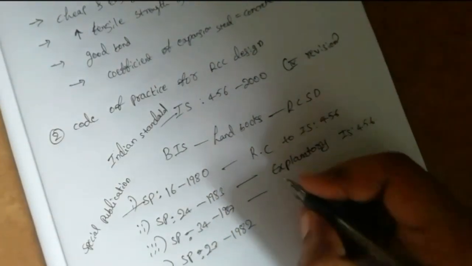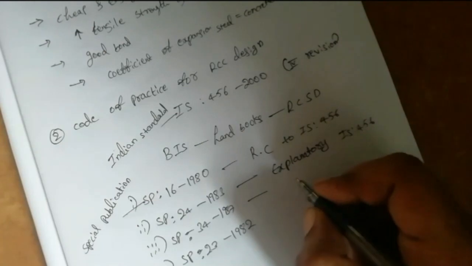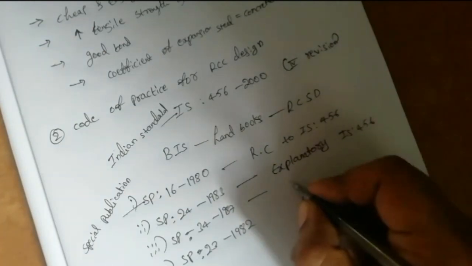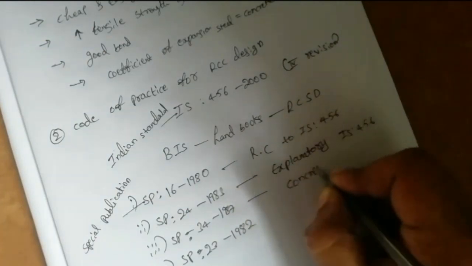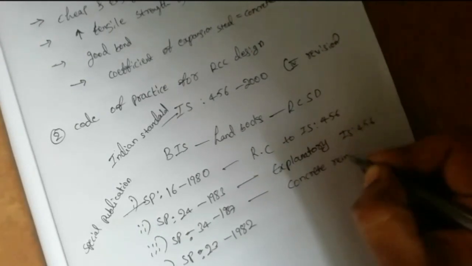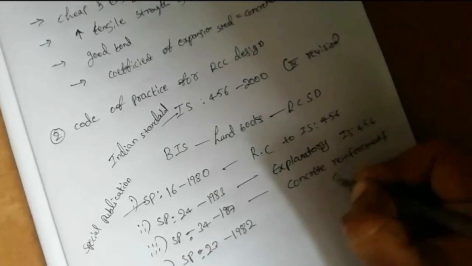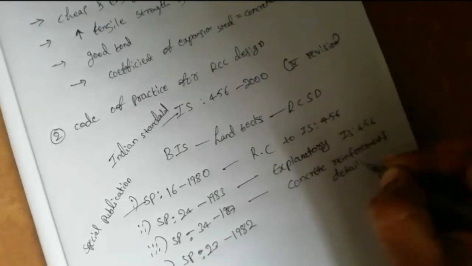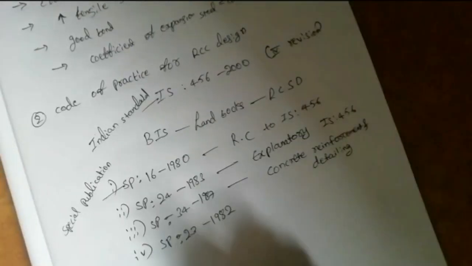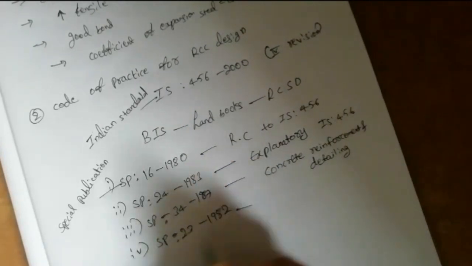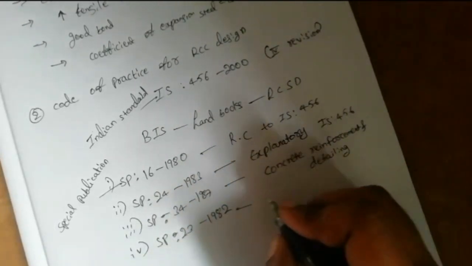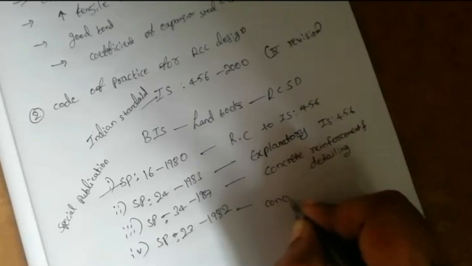SP 34 is used for concrete reinforcement detailing. And SP 23 1982 is used for concrete mixes.